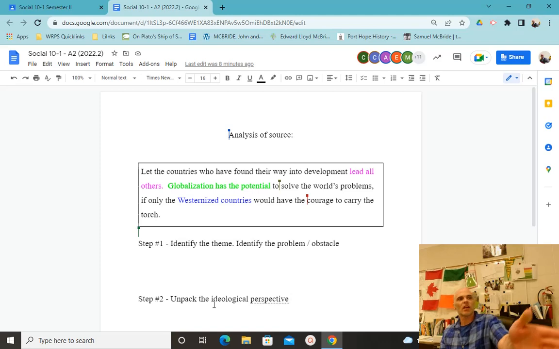It could say, let the Western countries lead all others. Globalization has potential to solve the world's problems if only the Western countries did something. But they don't want to use the term Western countries twice. But we can connect the term, let the countries who have found their way into globalization lead all others, as the idea of Western countries. So we're going to continue that thought.